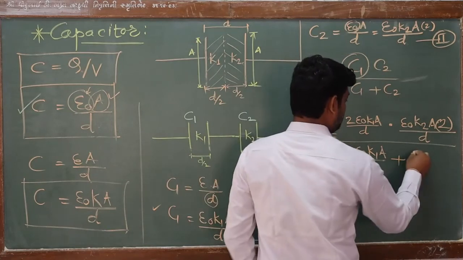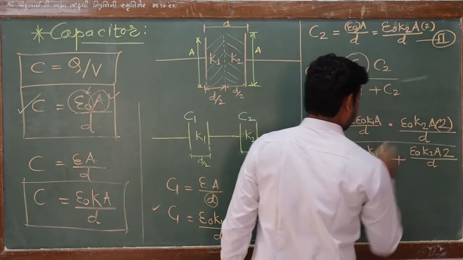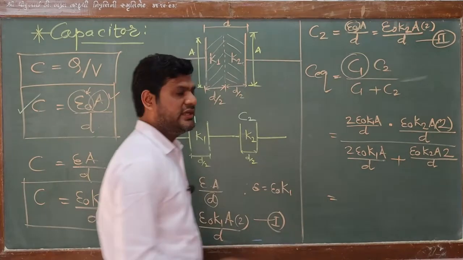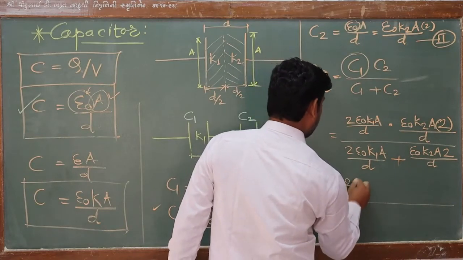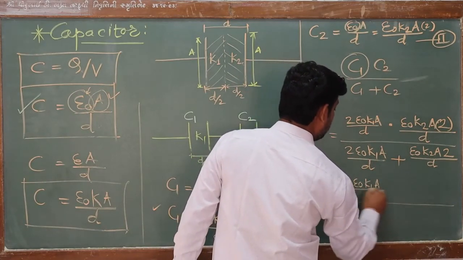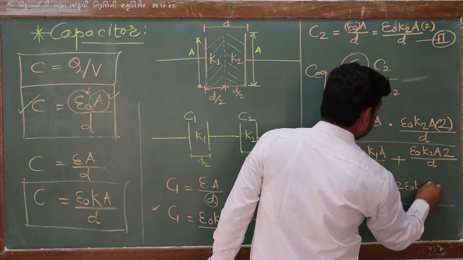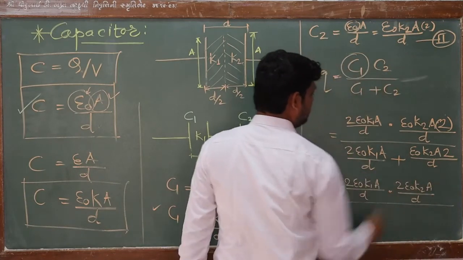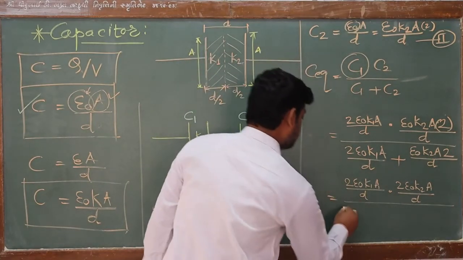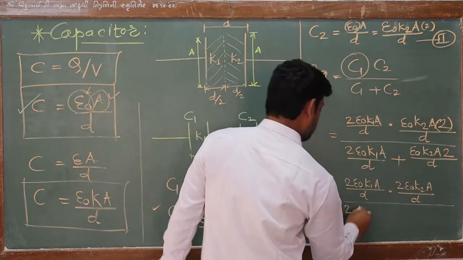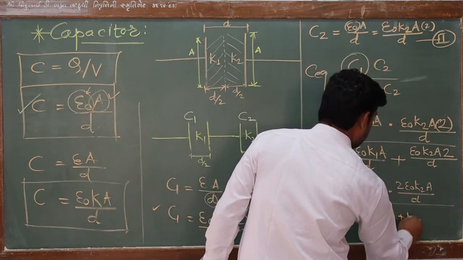Plus 2 epsilon 0 K2 A by D. In the numerator the terms remain as they are: 2 epsilon 0 K1 A by D times 2 epsilon 0 K2 A by D. In the denominator we can take common 2 epsilon 0 A by D outside, leaving K1 plus K2.